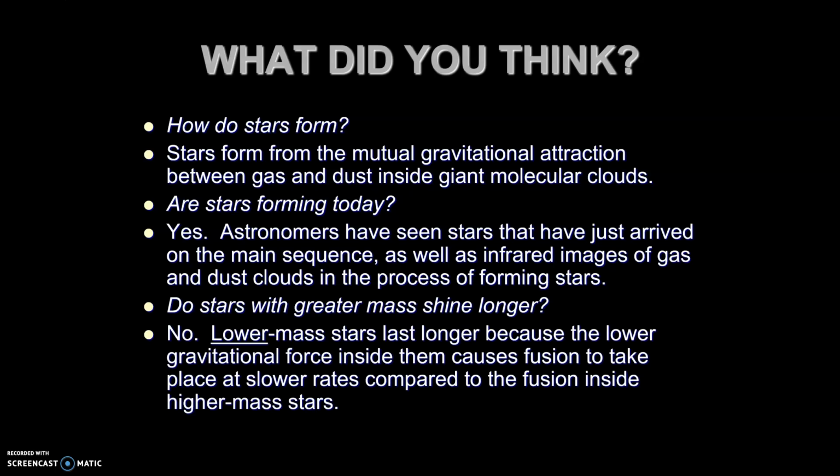Or not with a greater mass. Lower mass stars actually shine longer because they have a lower gravitational force inside the star, so it's able to last longer. We have slower rates of fusion inside. So our lower mass stars last longer, though our greater mass stars are going to shine brighter.